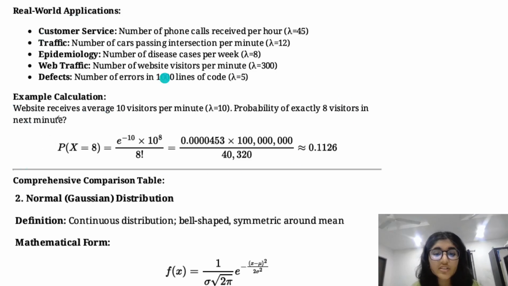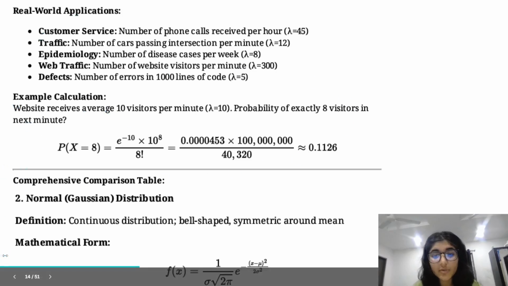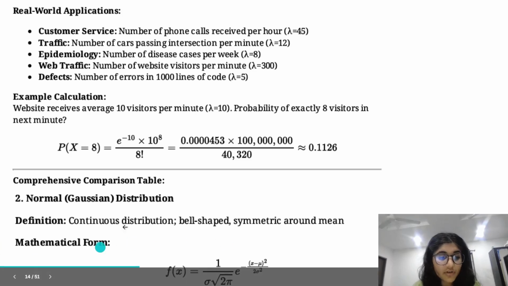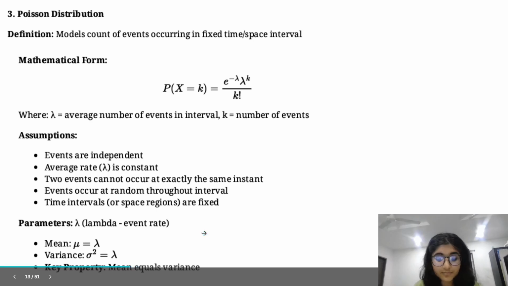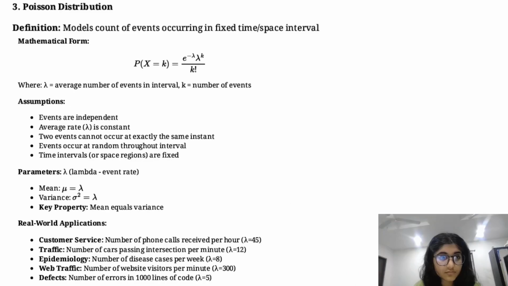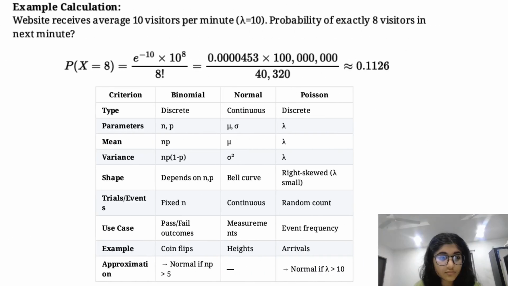We will put the values in this formula, and the value comes out to be approximately 0.1126. Now the comprehensive comparison table. The normal distribution we have already discussed in the previous slide. So this is the value.